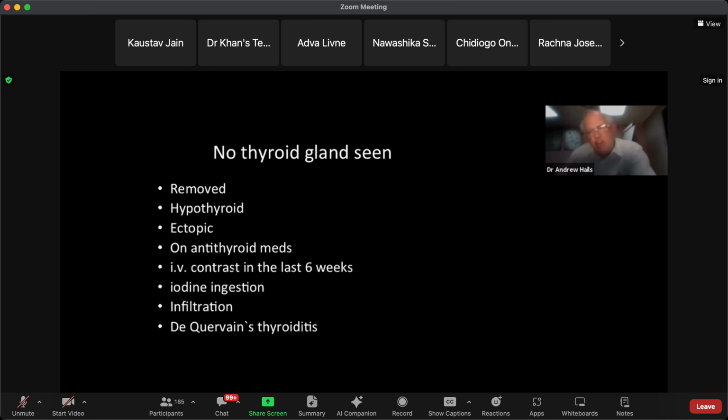Actually, if you're doing a pertechnetate scan rather than an iodine scan, you can normally get a reasonable image, even if the patient's been on anti-thyroid medication, or even if they've just had a CT scan containing IV contrast. Whereas with iodine, very often you don't get a proper image. And you can also get infiltration, of course. So there's a whole range of possible causes for not being able to see the thyroid gland.